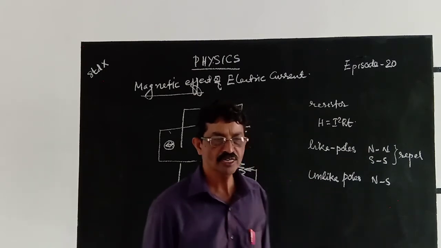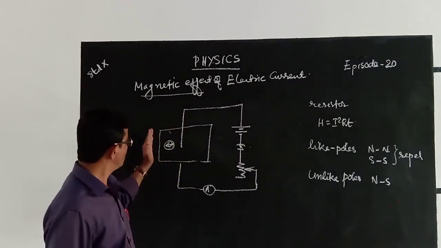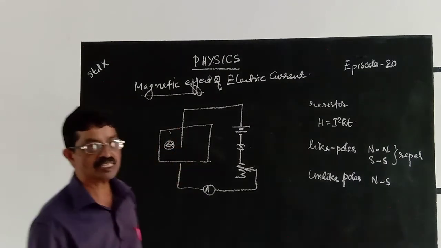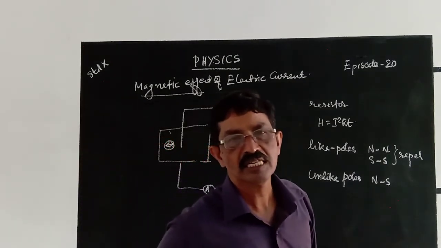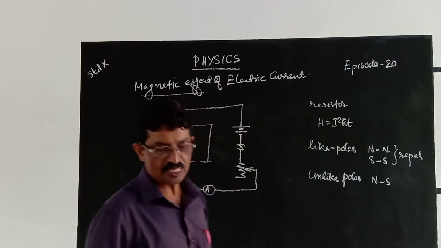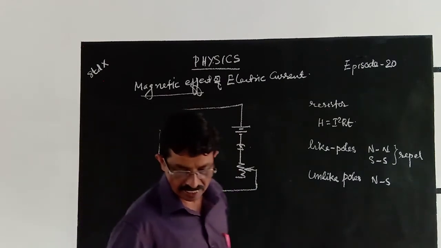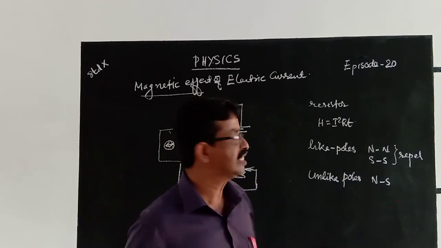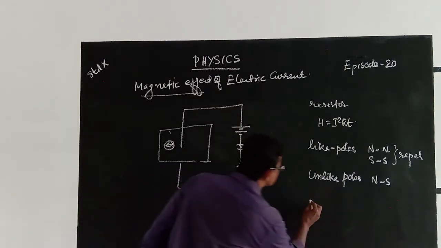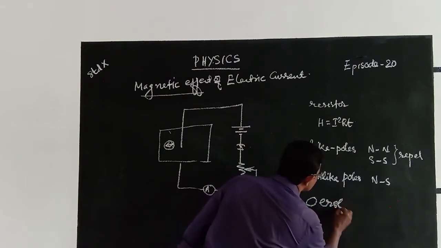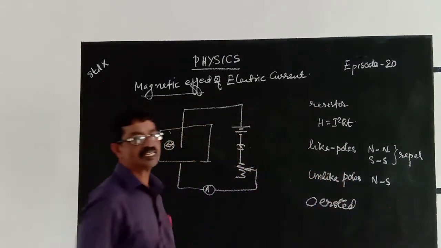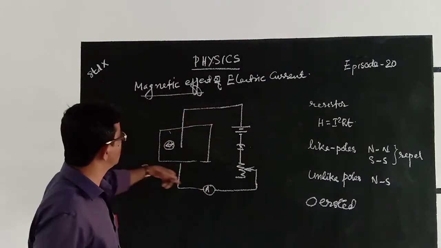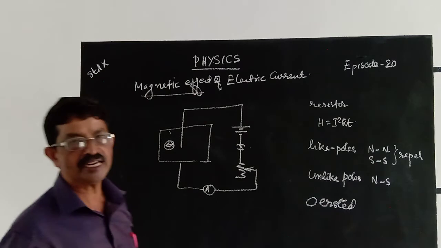About electromagnetism, a 19th century scientist, Hans Christian Oersted, first observed the magnetic effect of electric current.